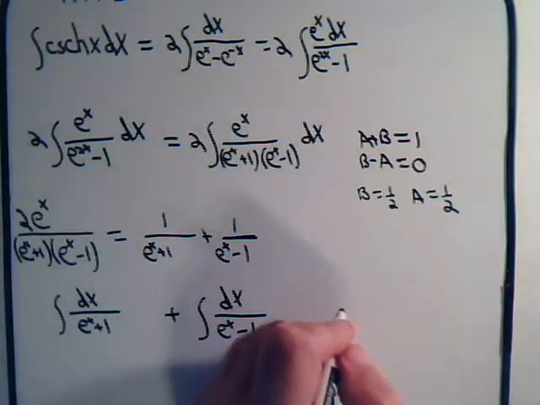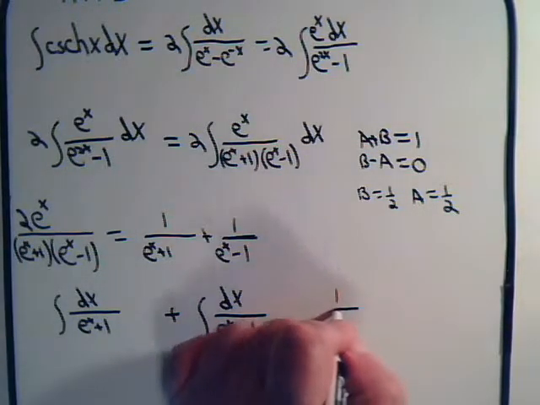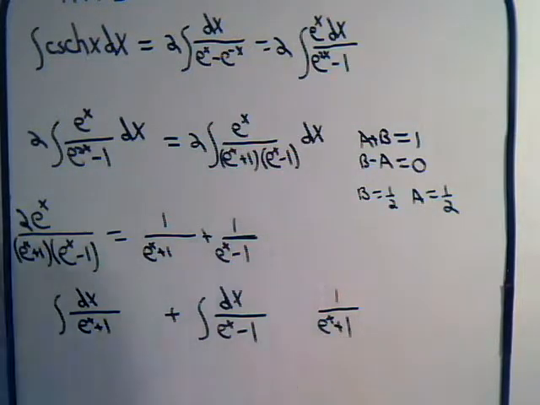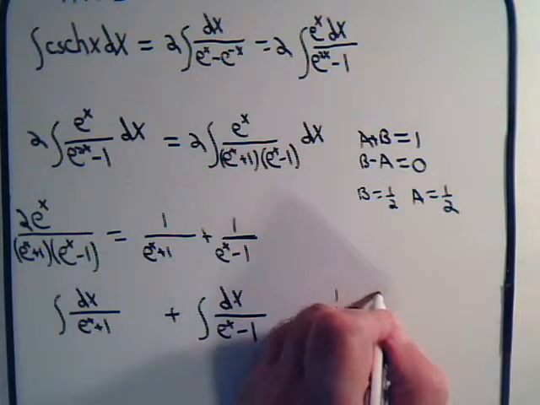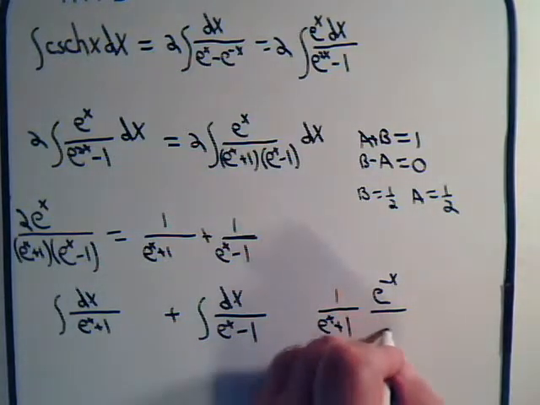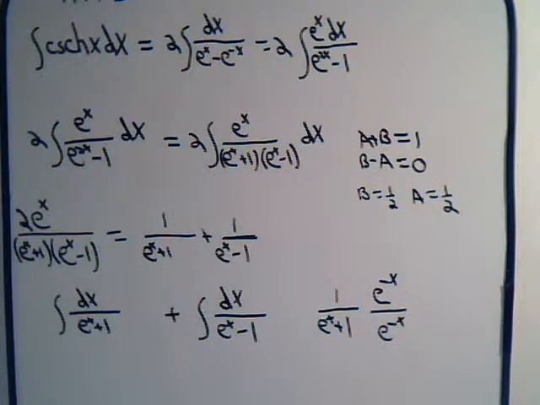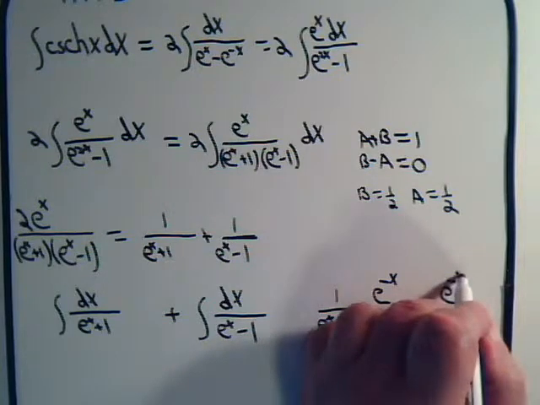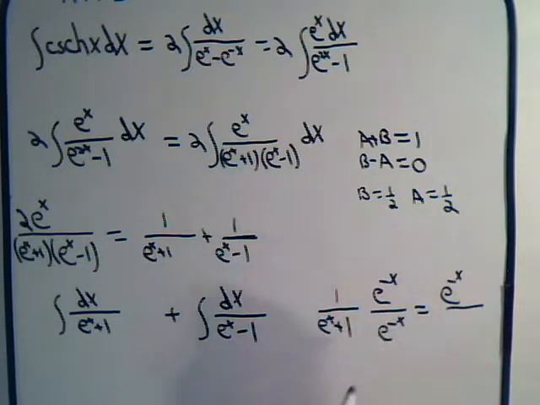So let's look at this. We have this 1 over e to the x plus 1. And we're going to multiply top and bottom by this. And the reason for doing that is, you see, up here we're going to have e to the minus x. And down here we multiply through, this will be e to the minus x plus 1.